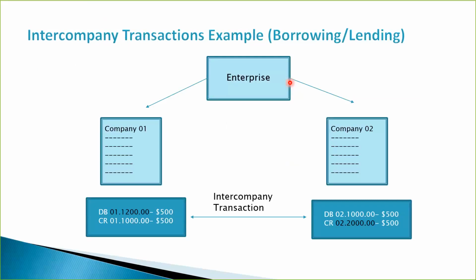Instead of purchasing a good or a service, a company might be purchasing an asset, right? Or maybe it's purchasing some inventory. All those are kinds of intercompany transactions that might occur between these two companies.